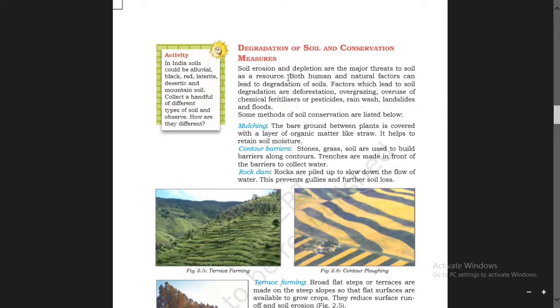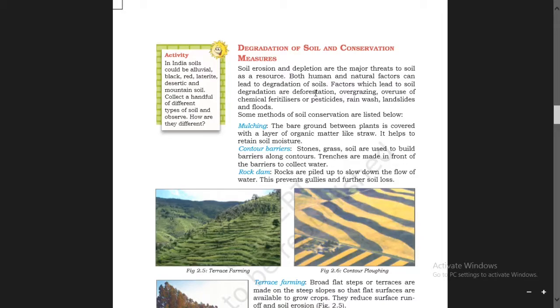Depletion means a reduction in number or quality. Both human and natural factors can lead to degradation of soils. So human beings, we, and by the way, natural factors can degrade soils.